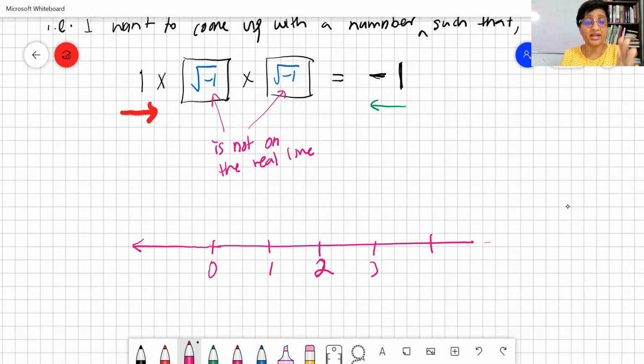Because before that, the line had a beginning, 0. It began there. There was nothing before that. But how did we accommodate negative numbers? We gave them a place on this line. You can sit here. That would not disturb our picture. It nicely fits into our picture. So we gave them a place by extending, we created it.